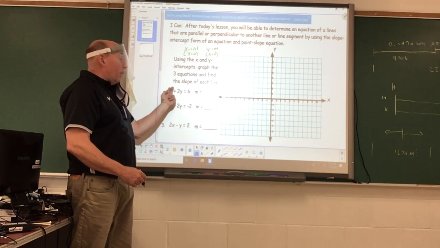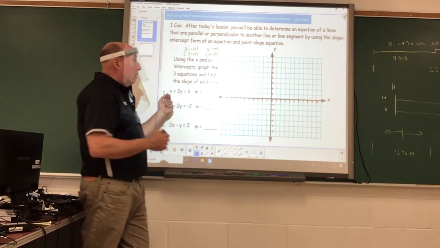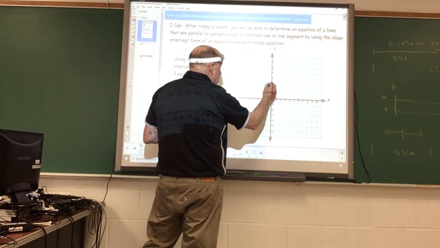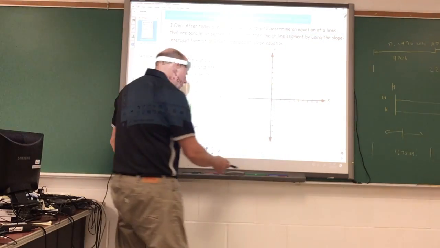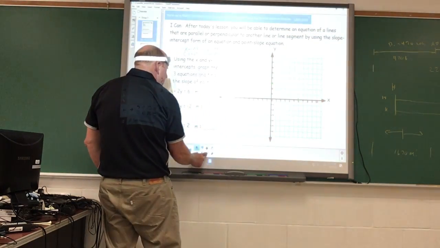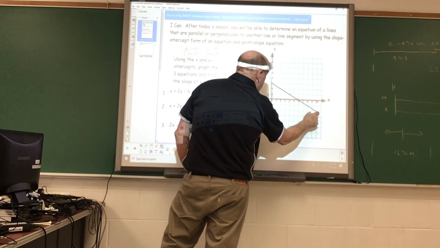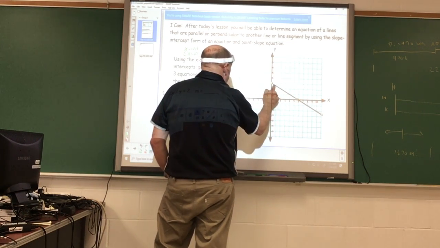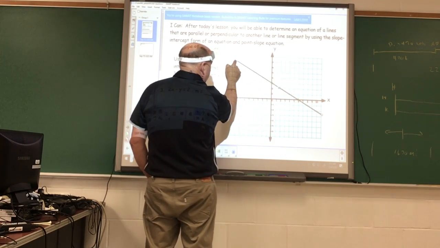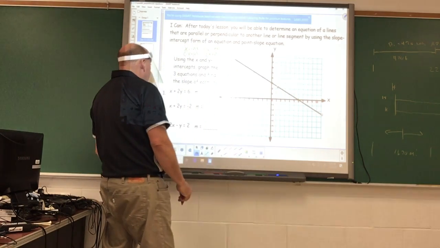So I can just cover up x, and y is equal to 3. There's my 2 points. Now I can construct a line through those 2 points. So this is the graph of the equation.